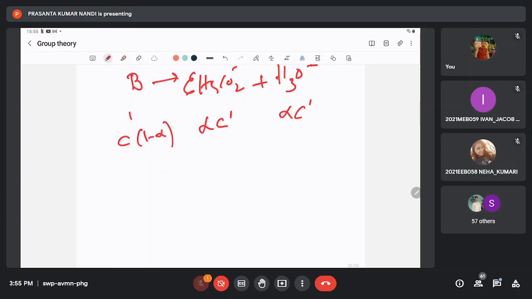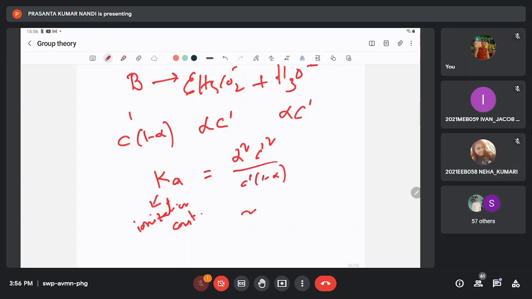This we call the ionization constant, Ka. So we can write alpha squared C prime squared by C prime (1 minus alpha). And as usual, if alpha is very small, then it would be alpha squared C prime.